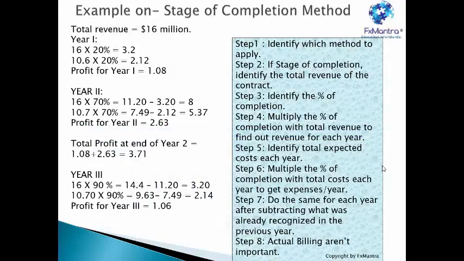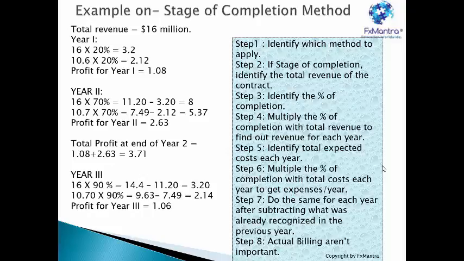So we have identified which method to use. We go back to the decision box. We are in a position to estimate the outcome reliably. So we go to the stage of completion method. Else, we would have used the completed contract method. The step 1 is always identify which method to apply.